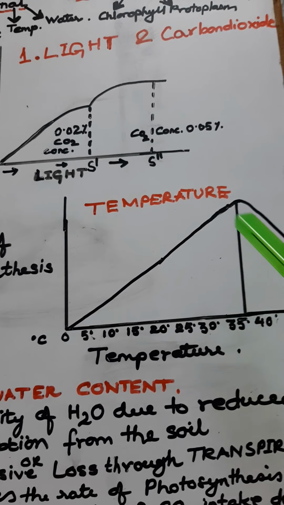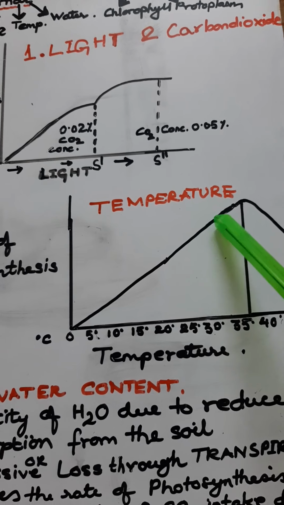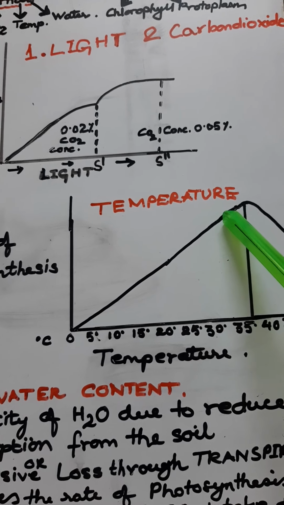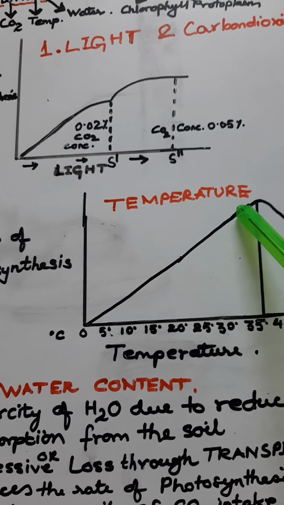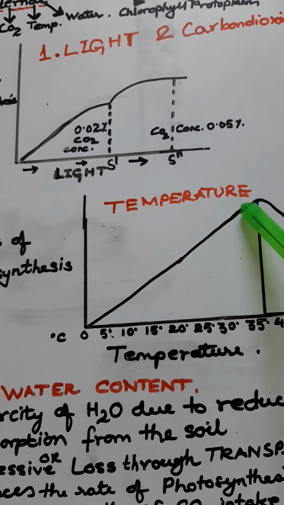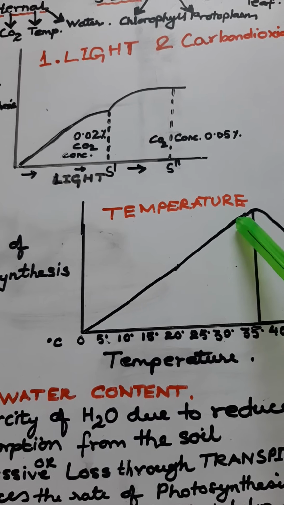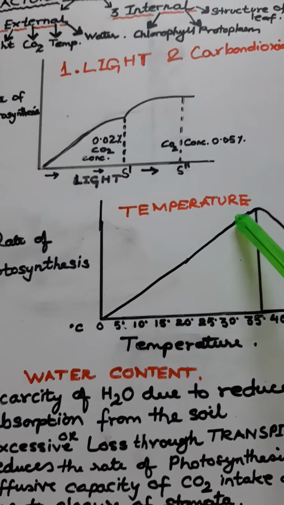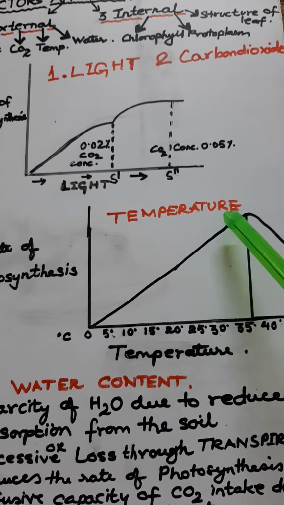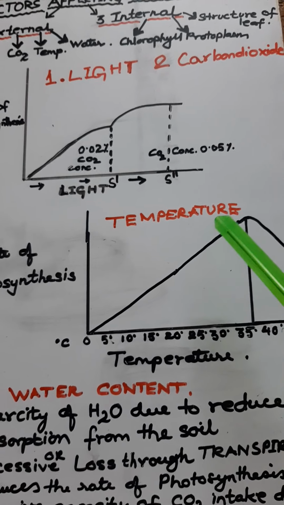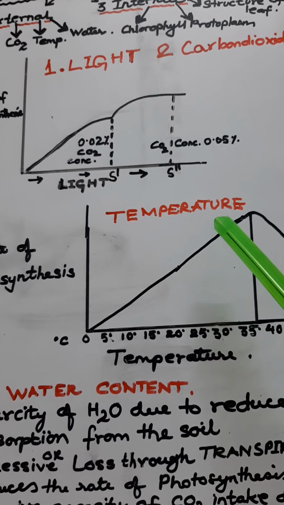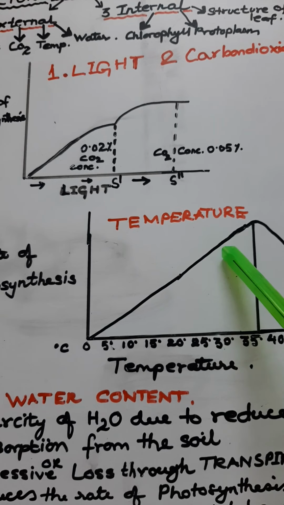Okay, 35 degrees. And over here what happens is at 35 degrees, photosynthesis is at its best rate. The rate of photosynthesis is at its best, okay, because 35 is called the optimum temperature, okay, the ideal temperature.